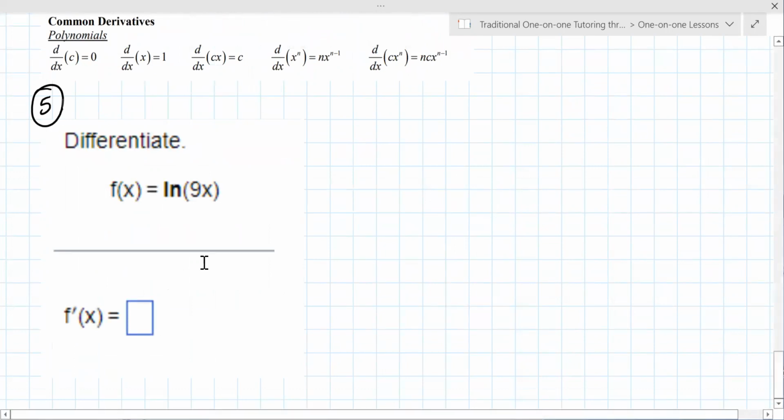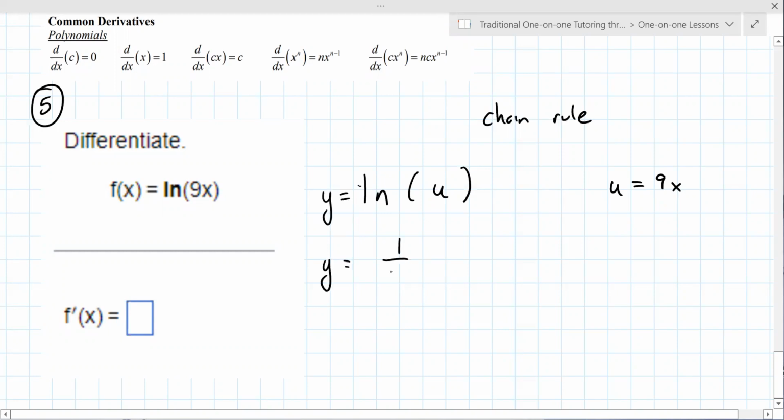But let's go through this problem next, unless you have one that you want. This is a good order for us. That's okay. Sure. Okay, so this is really natural log of u, and u is 9x, and this is another chain rule problem. So the derivative of natural log of u is 1 over u, but then you multiply by the derivative of the inside function. That's the chain rule part.